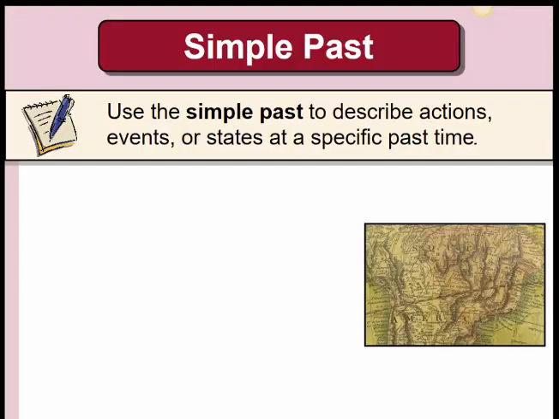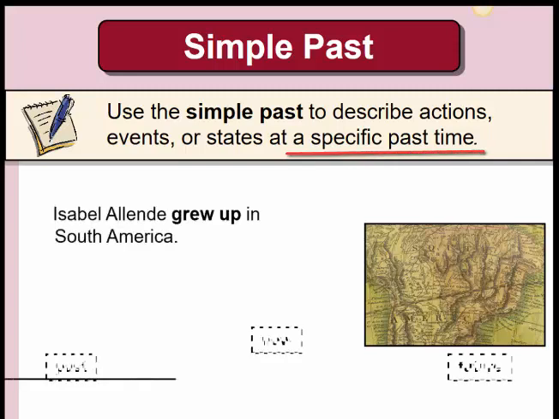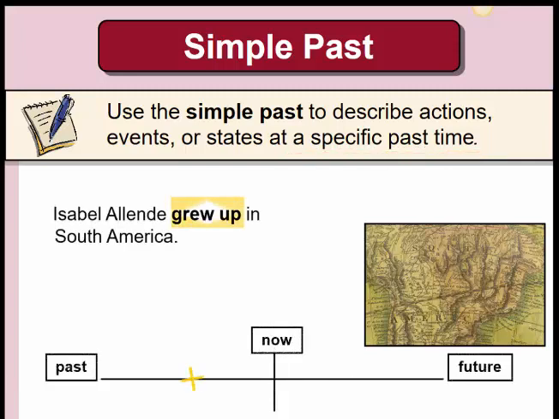So the first tense that we use, and usually it's the one we learn in level 1, is simple past. Simple past is used to describe actions, events, or states at a specific past time, and this is the key concept. Isabel Allende grew up in South America.